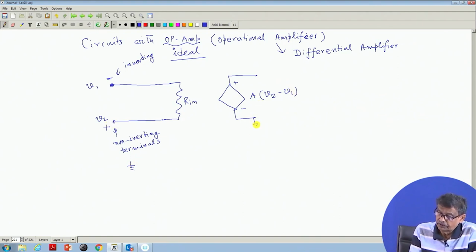This point is also grounded, and this is the output voltage. So, output voltage will be proportional to the difference of the input signals multiplied by the gain of the op-amp.